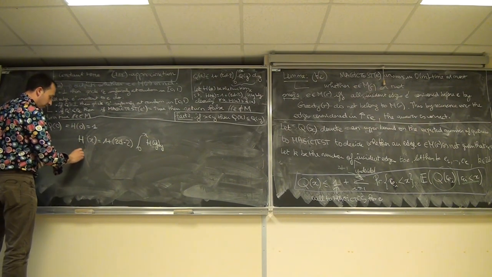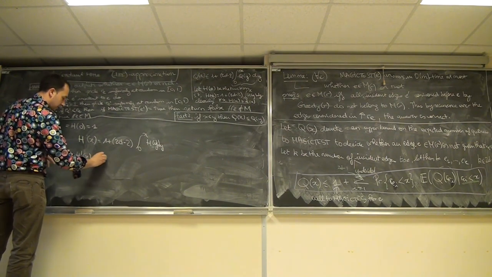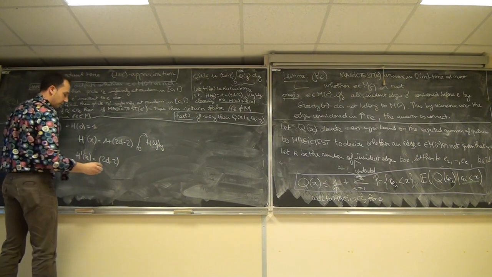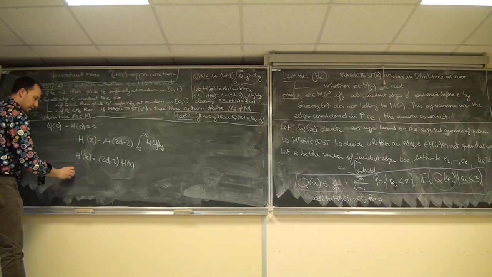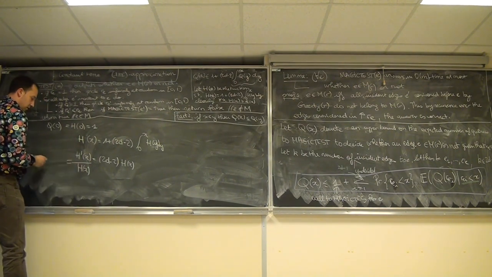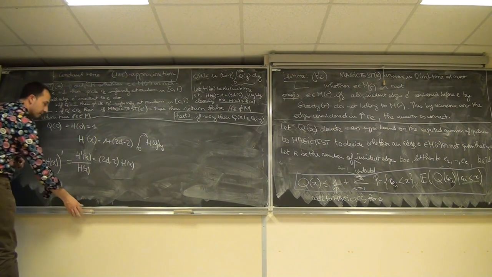So you get h prime of x equals 2d minus 2 times h of x. This gives you h, so this is the log of h, whose derivative is h prime over h.